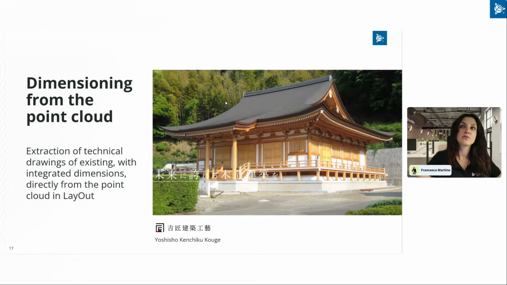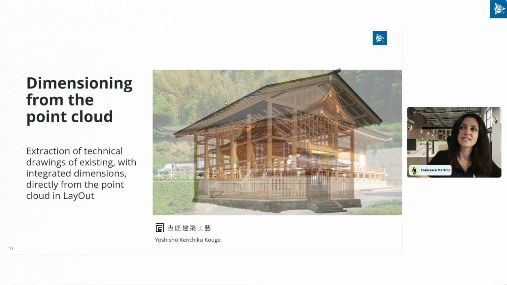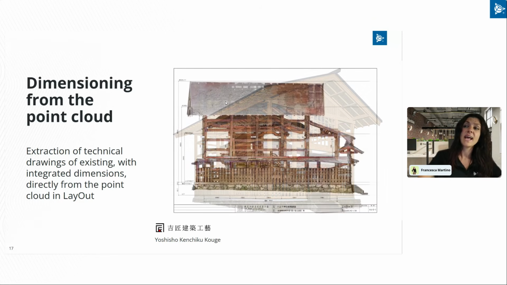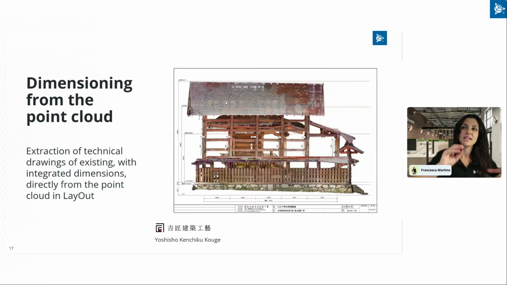Also, point clouds are used to create the digital twin and to extract, not only to measure, but even to extract dimensioning from this digital twin. We can see in this case that the architect built the new structure around an existing temple in Japan. And then in LayOut, it is also possible to visualize this point cloud and therefore trace all this dimensioning directly from the point cloud.